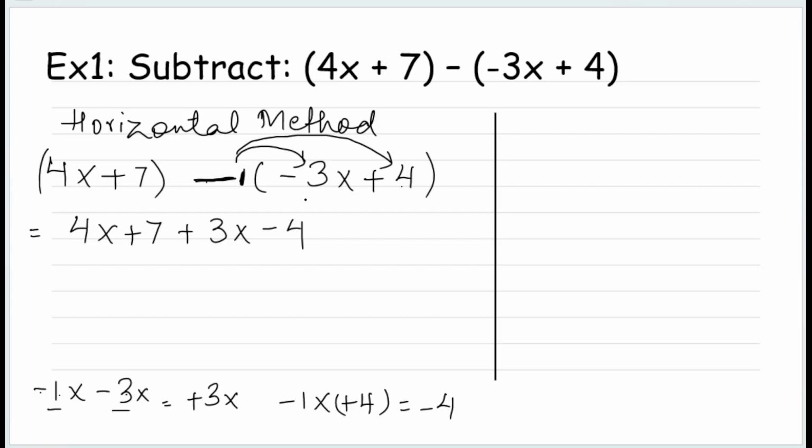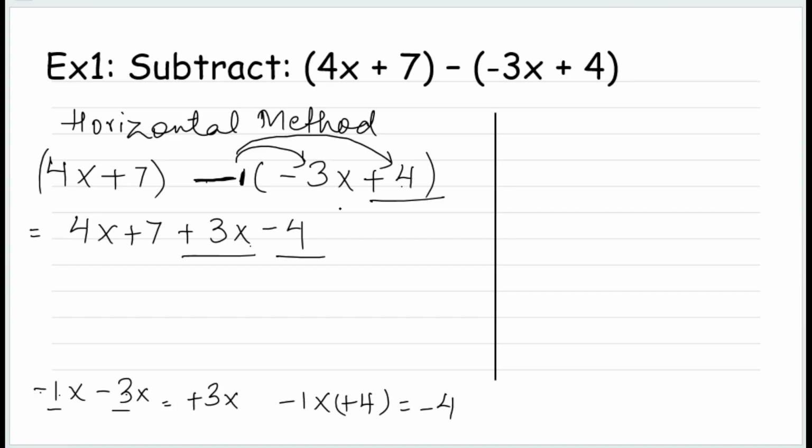To view it in an easier way, whenever you are subtracting, just change the signs of all the terms of the second parenthesis. Minus 3x becomes plus 3x and plus 4 becomes minus 4.